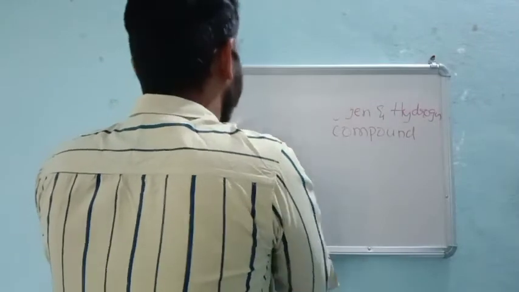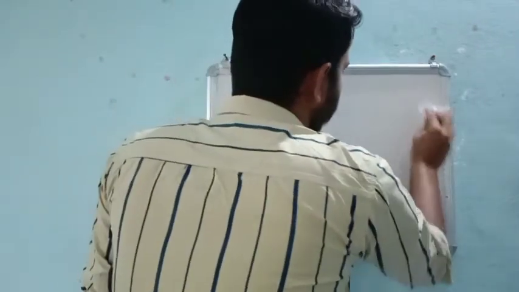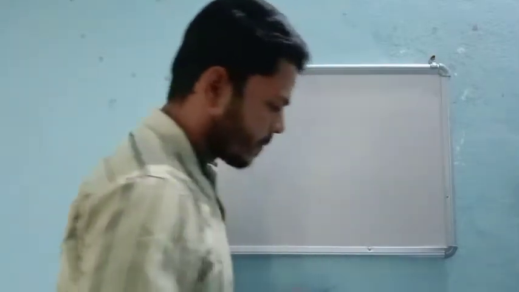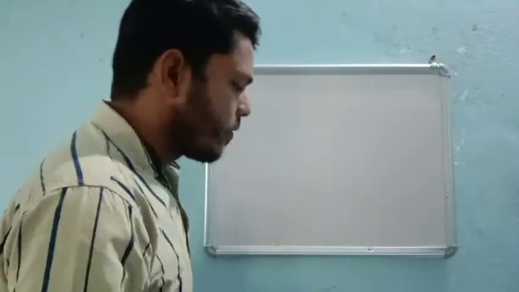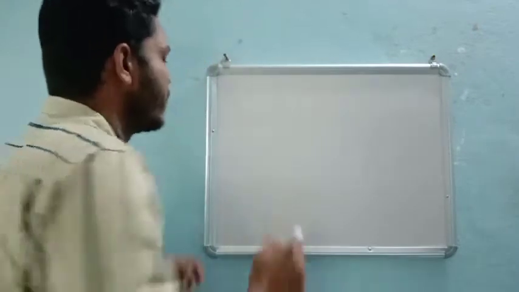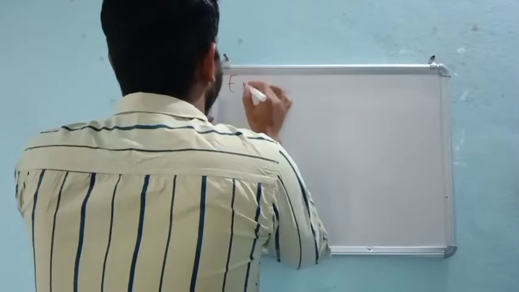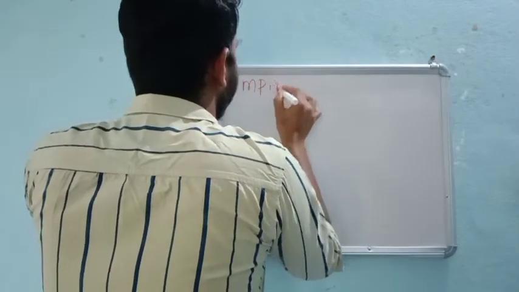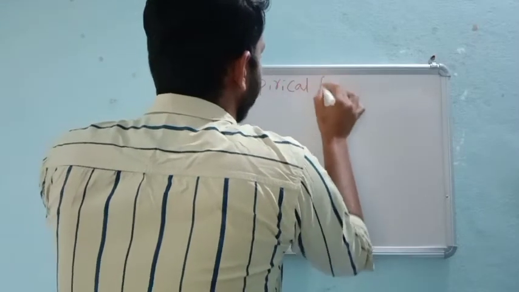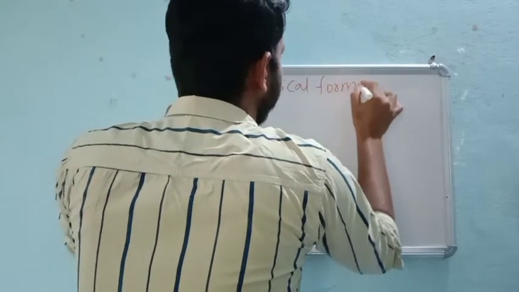In this chapter, we have a large number of problems in chemistry. So let us have one more part, that is, what are empirical formula and molecular formula. First, we will see what is the empirical formula.